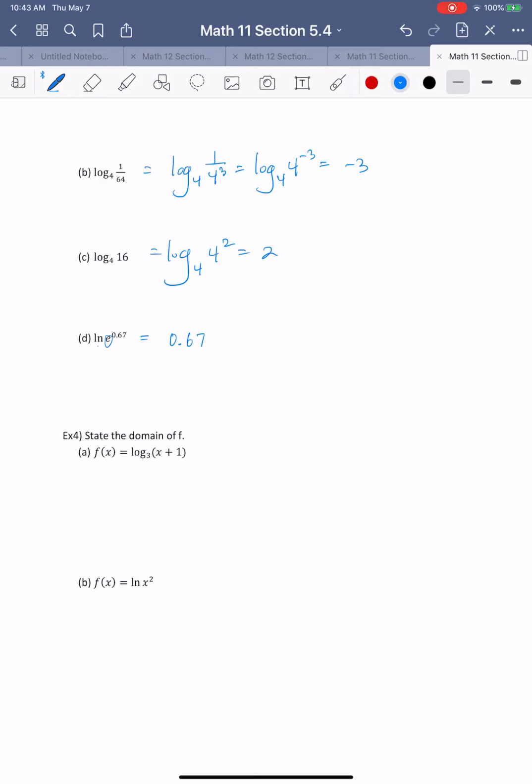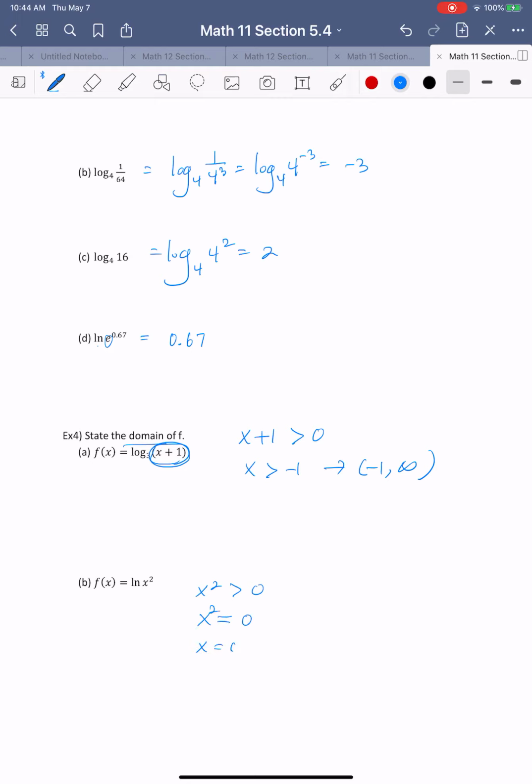And the most important thing is the domain for the log is the expression next to the log, x plus 1, always needs to be positive, not even equal to 0. If it's 0, it's undefined. So solve for x, subtract 1. So that's it. In interval notation, you can say negative 1 to infinity. Same here too in the B. So x squared must be positive. But it's a quadratic, right? Remember, solving a quadratic inequality, set it as an equation.